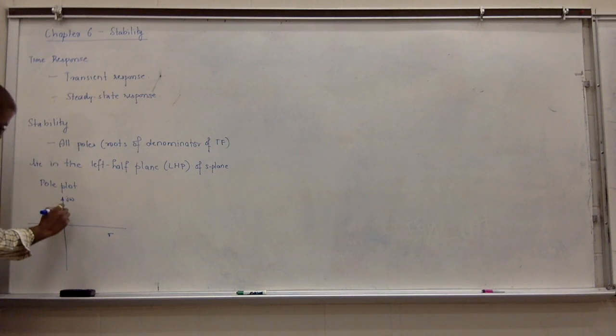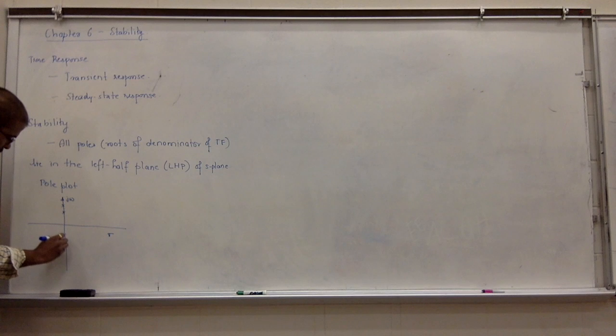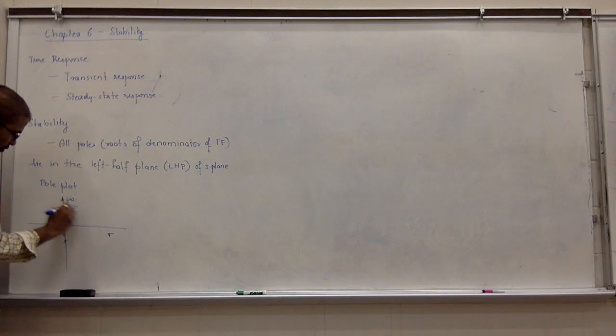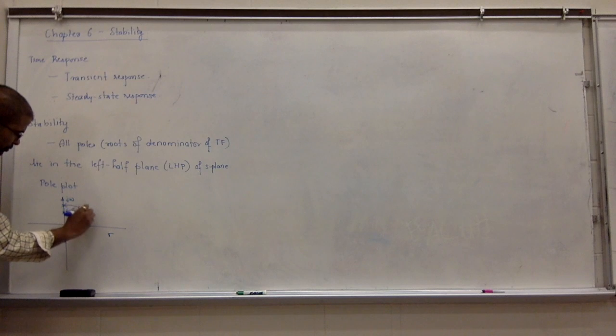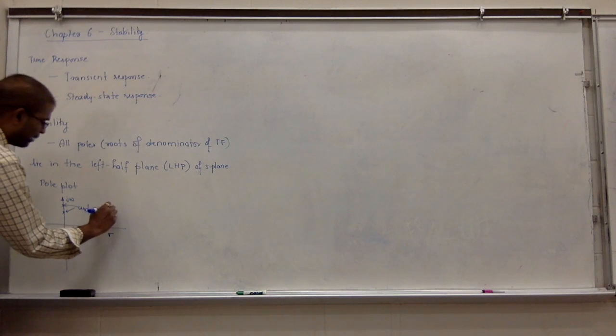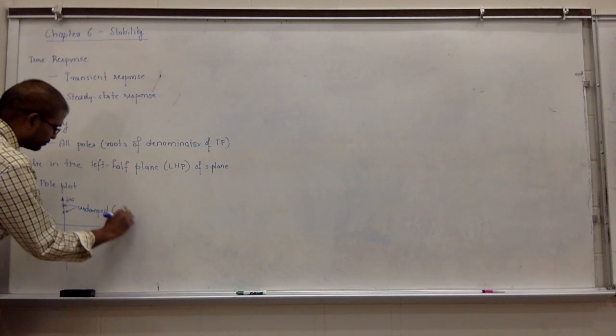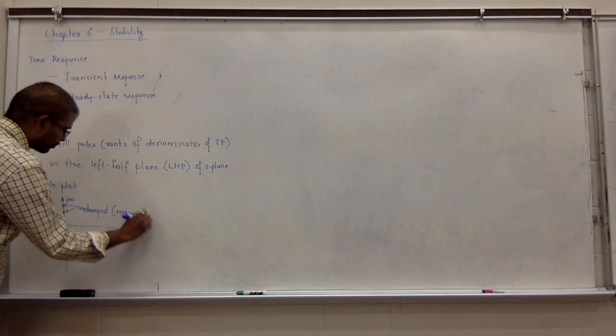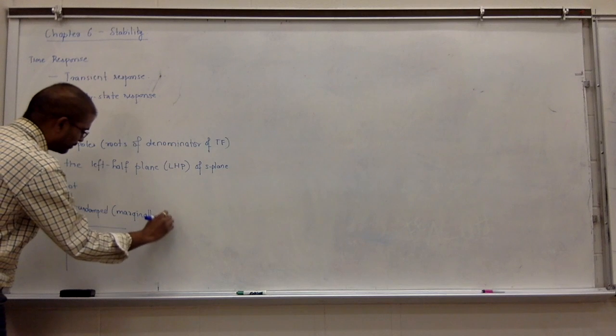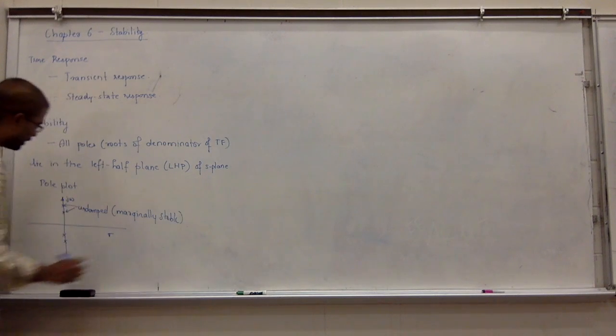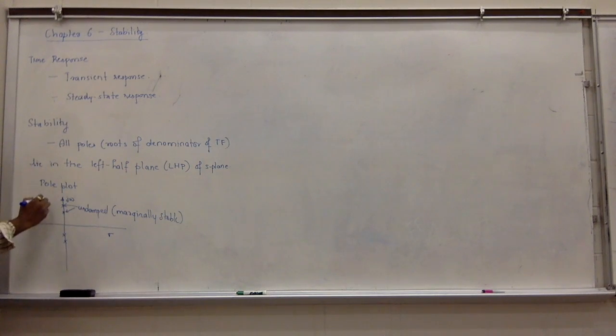So if the poles are here, this is an undamped system, purely imaginary. This undamped system is marginally stable.